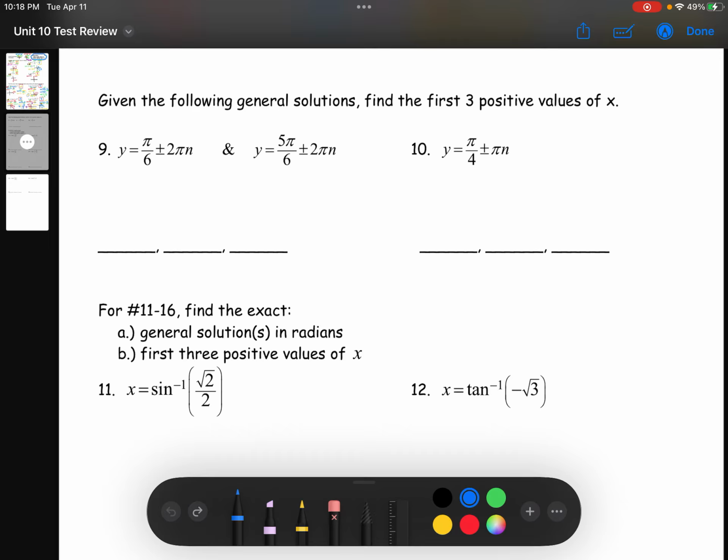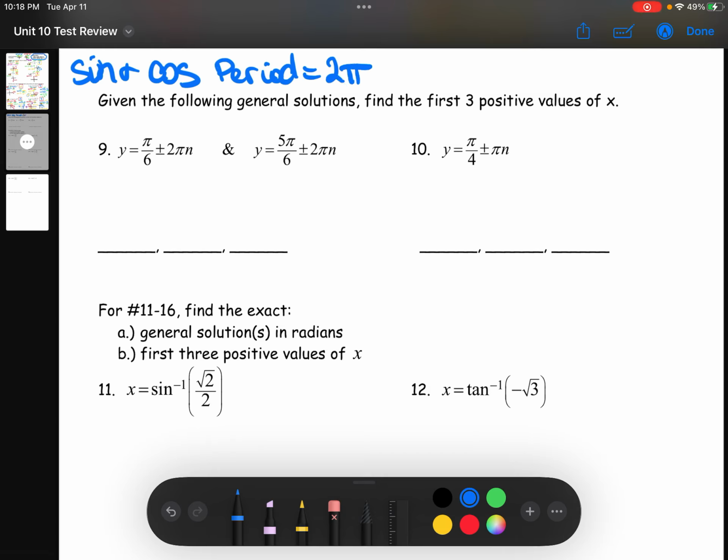We are looking at some general solutions and some positive values of x, sine and cosine, and the reciprocals. Sine and cosine, the period is 2 pi.